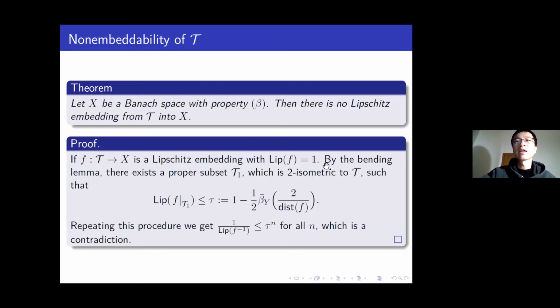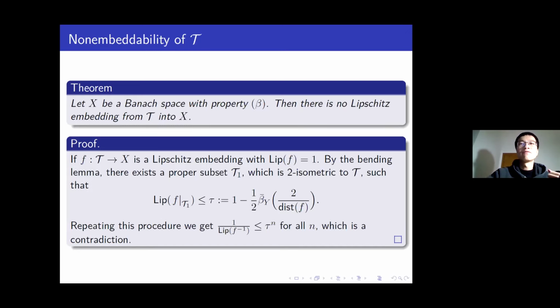At the beginning, I can assume that the Lipschitz constant of f is 1. Then the Lipschitz constant of the restriction of f is less than tau, where tau is something strictly less than 1 minus this beta modulus thing. So you do this procedure once, you get tau. You do it twice, you get tau squared. So you repeat this procedure n times, you get the Lipschitz constant of f.